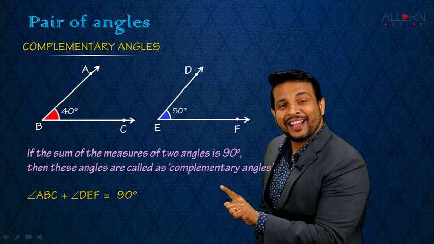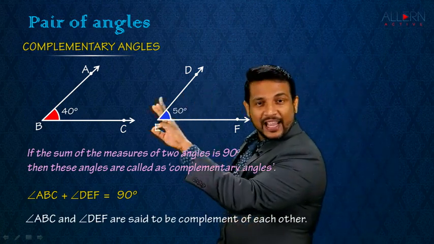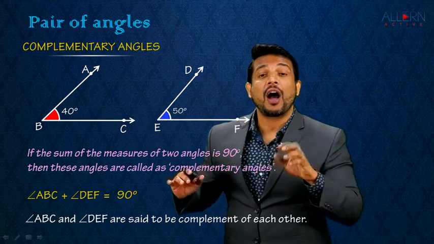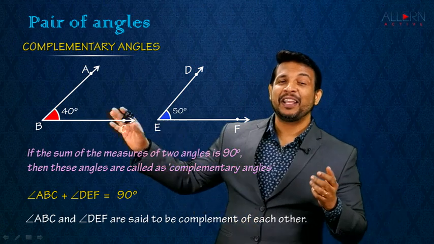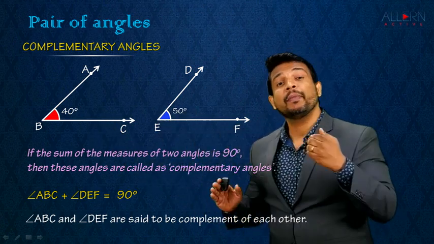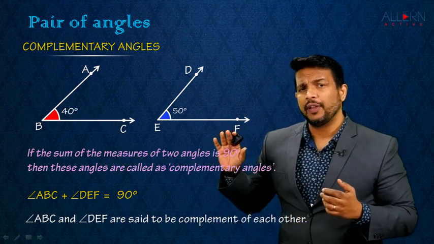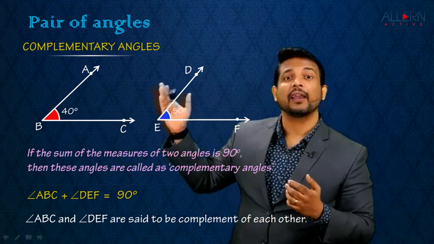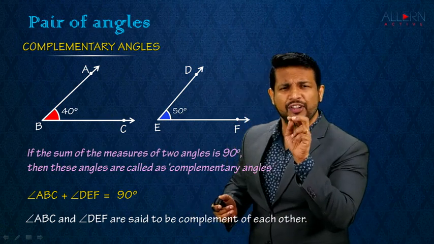That means what are they? They are complementary angles. That means angle ABC and angle DEF are complementary. Or in other words, we can say that angle ABC and angle DEF are complements of each other. That means the complement of angle ABC is angle DEF. The complement of angle DEF is angle ABC. But again here, we had these two angles which are separate, which are different.